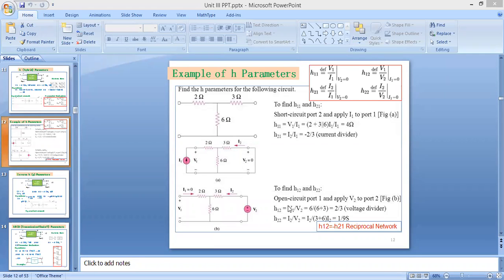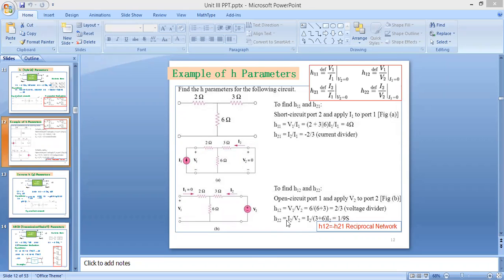V1 we can write as V2 total voltage into 6 upon 6 plus 3 into V2. So V2 will get cancelled and you will get H12 equal to 6 upon 6 plus 3, as 6 upon 9, and you will get 2 by 3. You can give ohm unit because this is also one type of resistance.